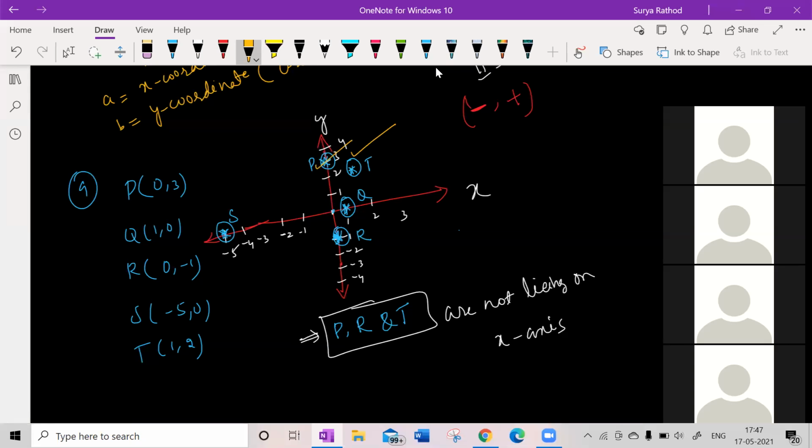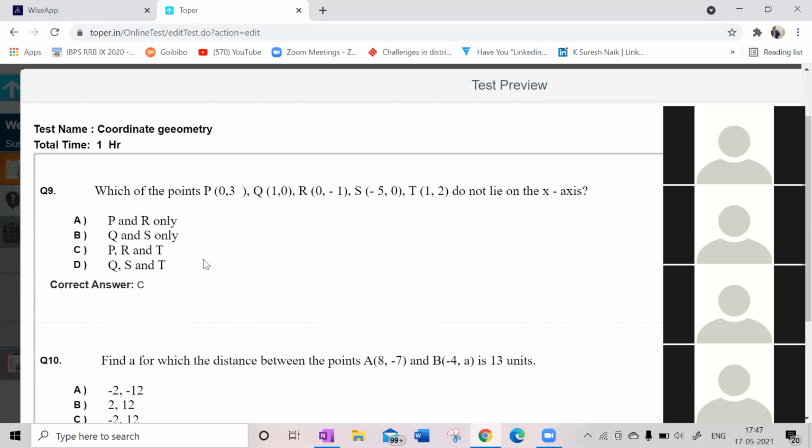S is lying on the x-axis, and Q is on the x-axis. So these two points are on the x-axis, and the rest are not. The answer is P, R and T. So option C is correct.